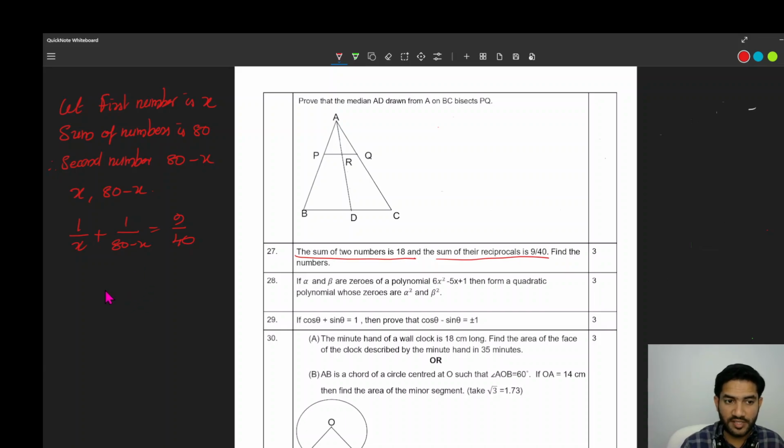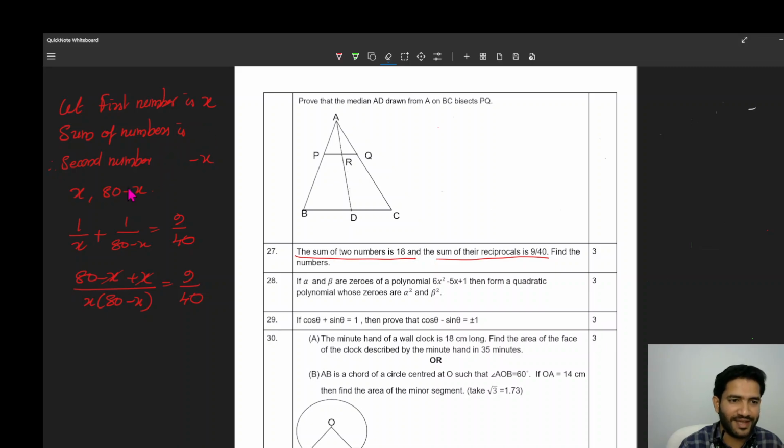So by cross multiplying, we'll get 18 minus x plus x whole divided by x into 18 minus x is equal to 9 by 40. Oh sorry, it is not 80, it is 18.